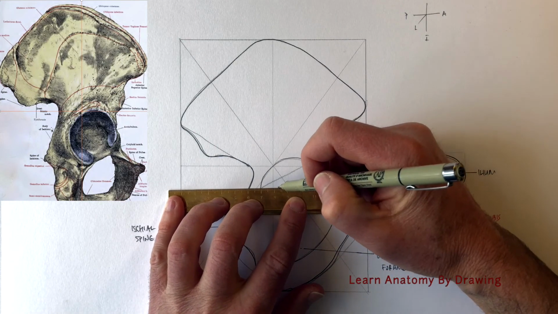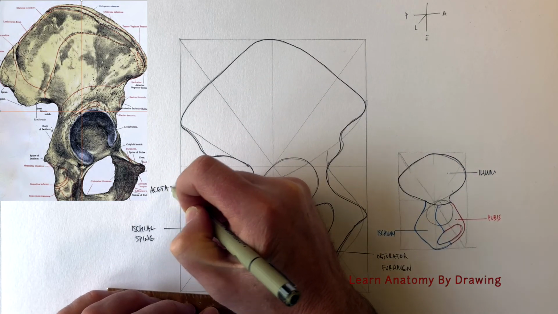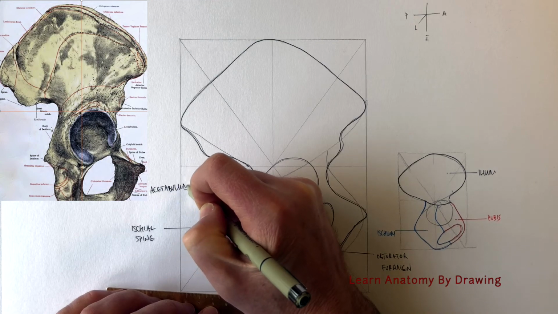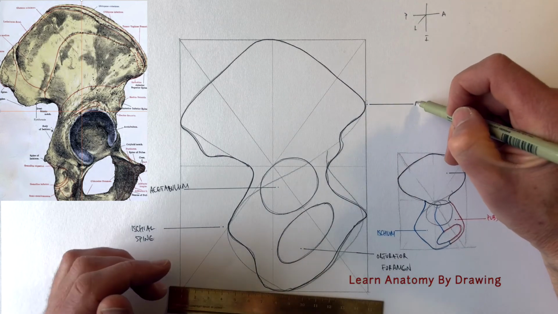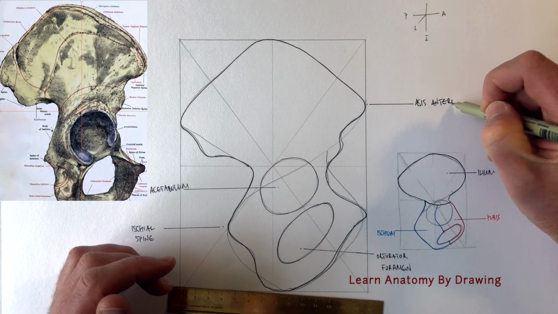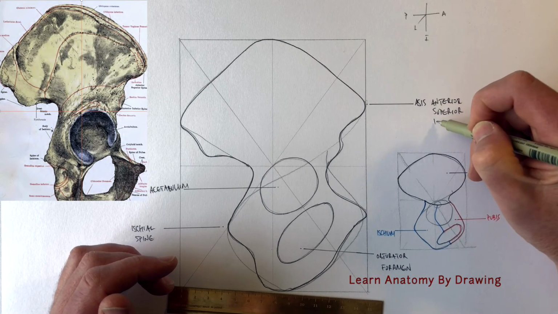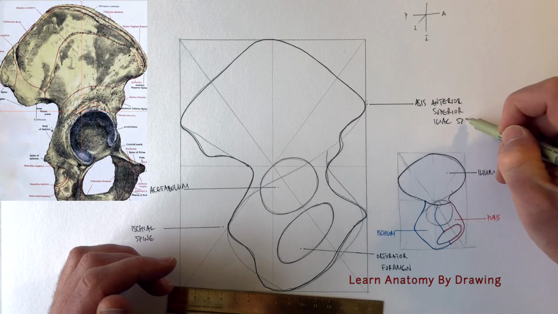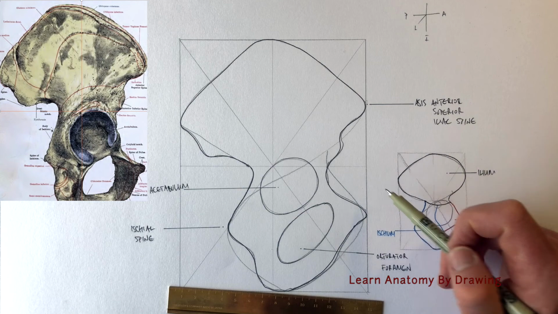Okay, as you know, this is the acetabulum. You'll remember from the other video that this is the ASIS, or the anterior superior iliac spine, and you can feel that just on your belt line, on the lateral aspect of your trunk.